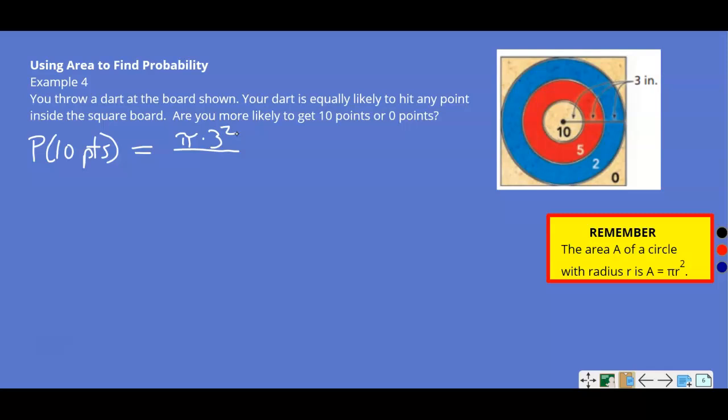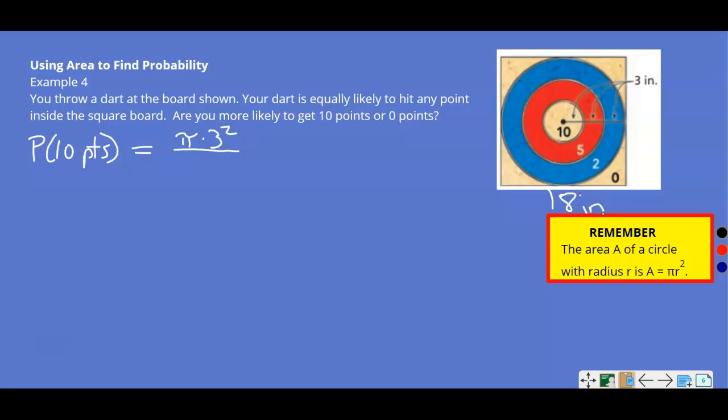So now that we found the area of the small circle, we're going to have to find the area of the entire board. That's this dartboard right here. We can see that this is a radius of 3, 3, and 3. So 3, 6, 9. That means all the way across would be 18 inches.